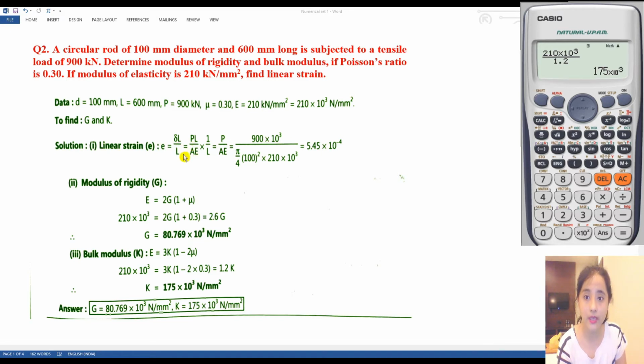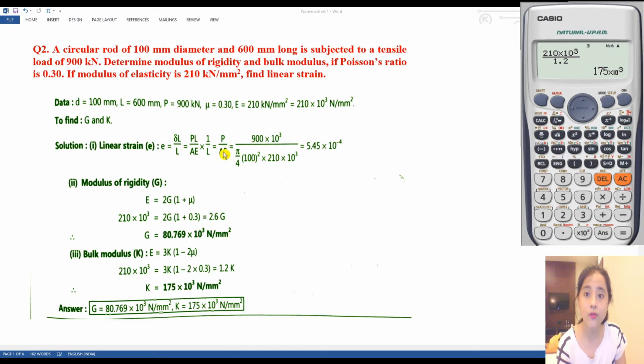The L in the denominator we leave as is, so PL by AE into 1 by L. So we cancel the L in the numerator with this L, and we will only have P by AE here, right?